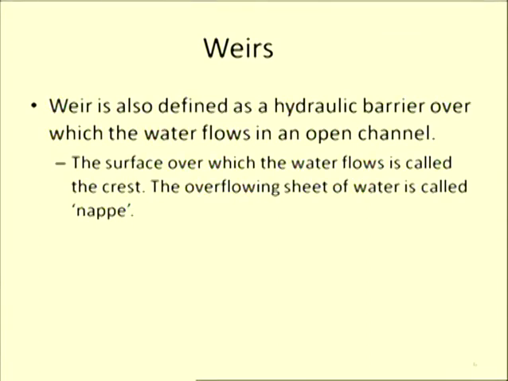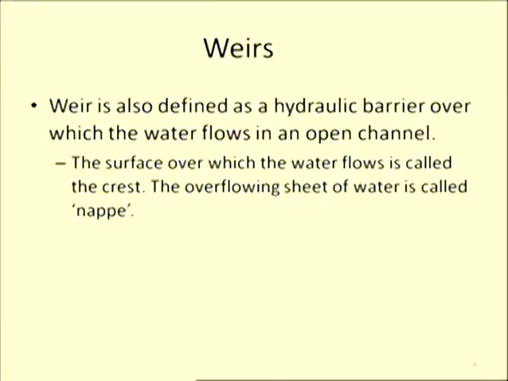The surface over which the water flows is called the crest. This is part of the weir. If we divide the weir, then the topmost portion of the weir over which the flow is taking place, or water is overflowing, we call that the crest. The second statement given: the overflowing sheet of water is called the nappe.